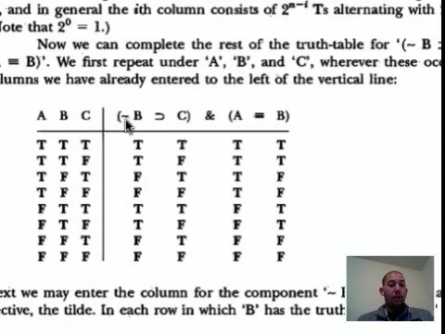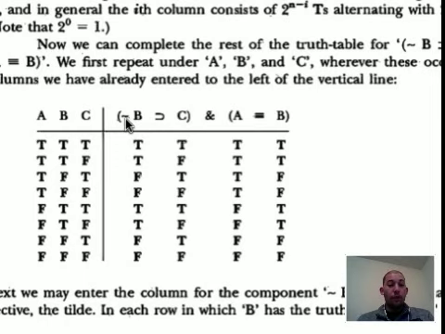So negation here is the closest truth functional connective to B. In other words, the closest truth functional connective that B is within the scope of is negation here.